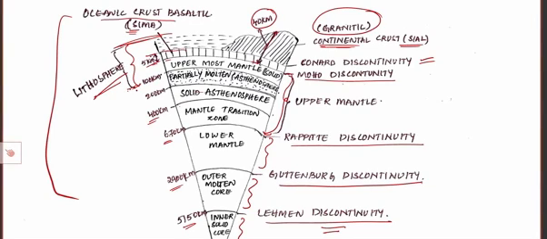From this we'll get the depth of the layer, which discontinuity is separating the two layers, and what kind of density the layer has. So this is the main point. And if you draw this diagram in your examination, it will fetch you more marks. So please learn this diagram and draw it in your examination.